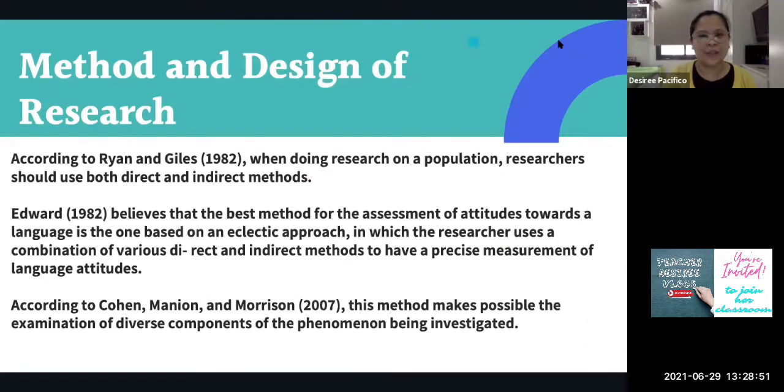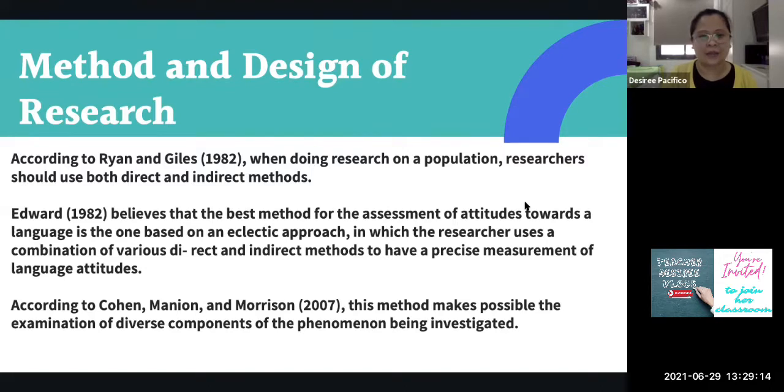The methods and the designs of research used in this study: according to Ryan and Giles, when doing research on a population, researchers should use both direct and indirect methods.